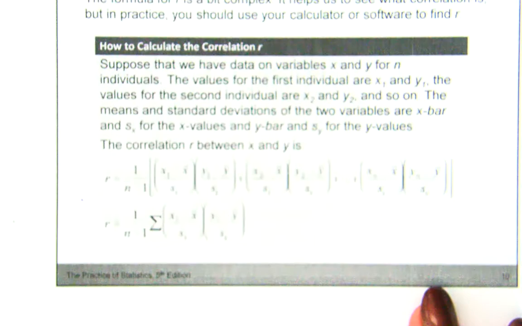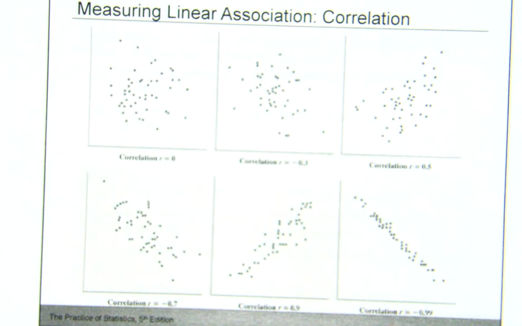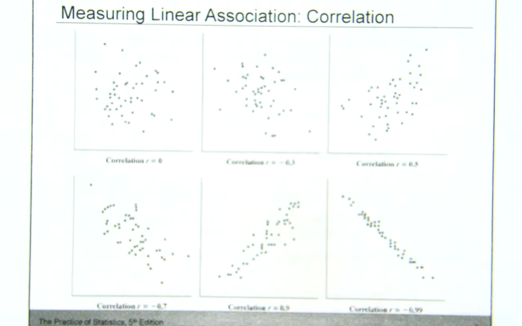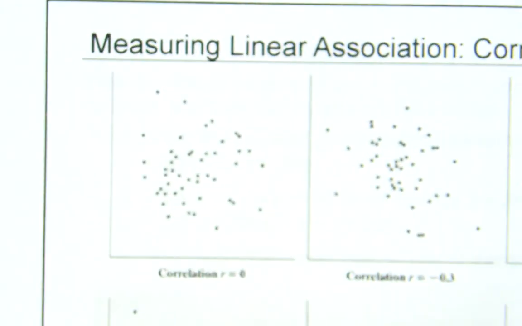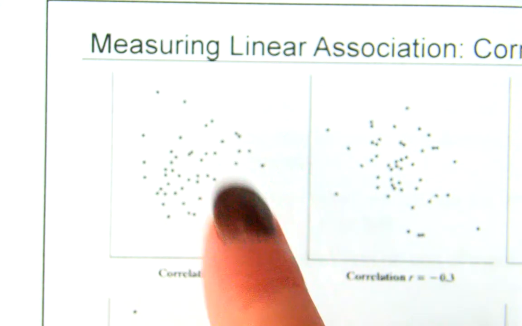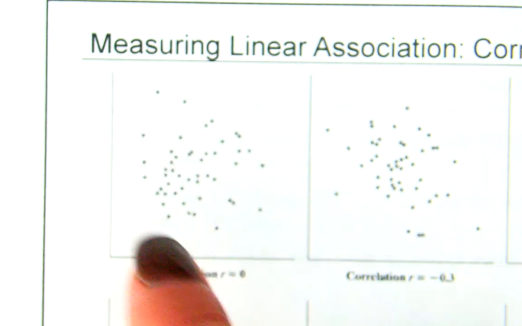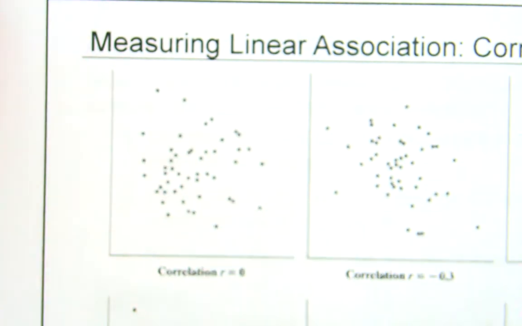And this is what it looks like when you have different types of correlations. If you have a scatter plot that looks like a bunch of little tiny dots everywhere, you have R equal to 0.